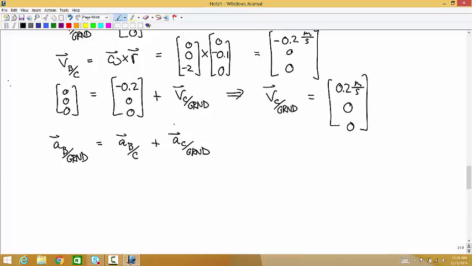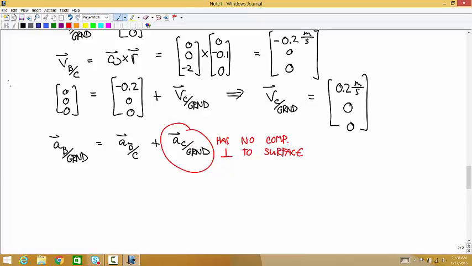And what do we know about these? We know that this one has no component perpendicular to the surface. That's one of the requirements.